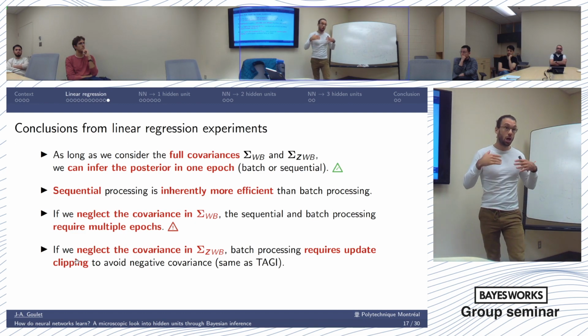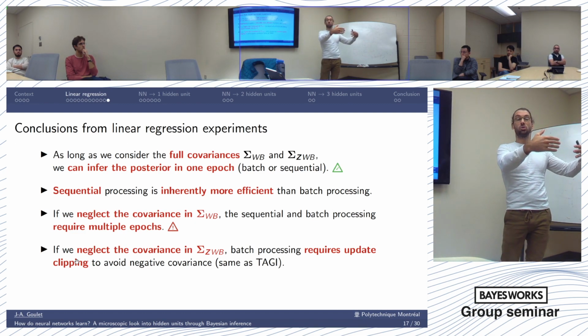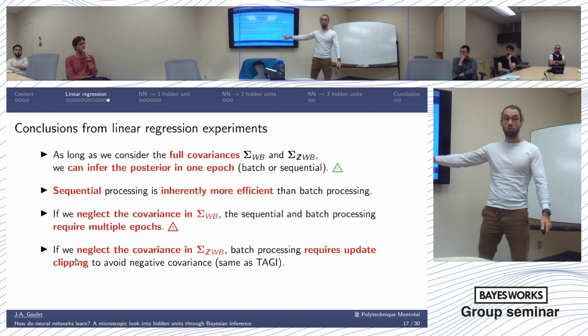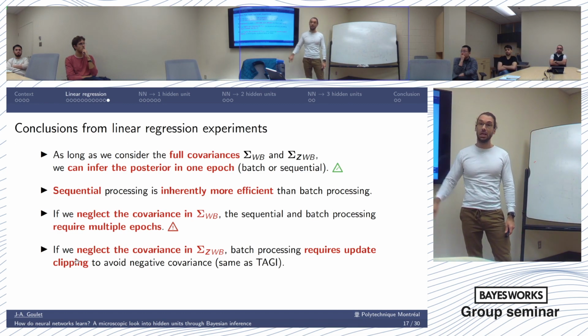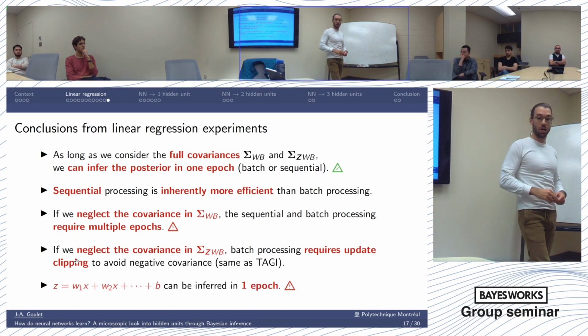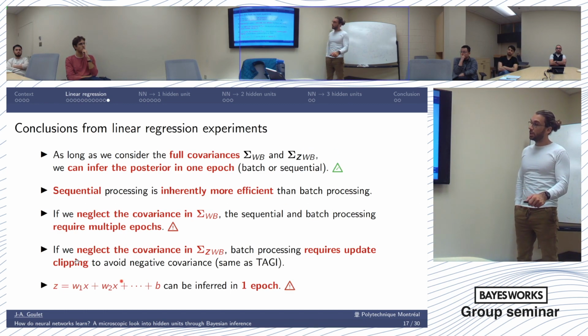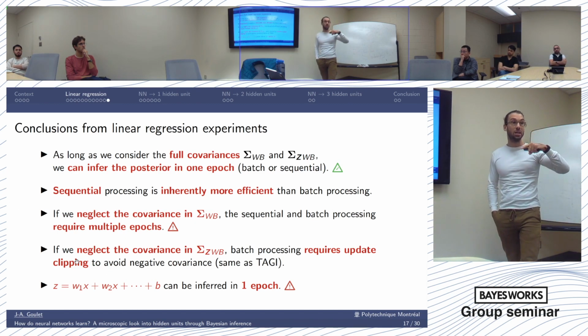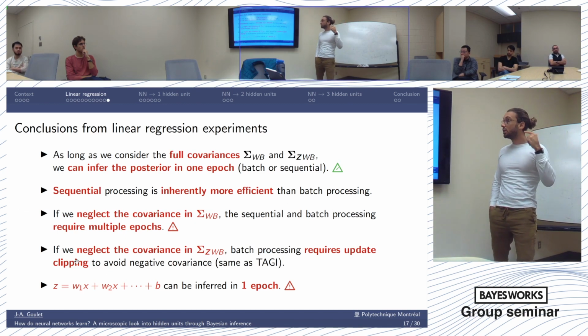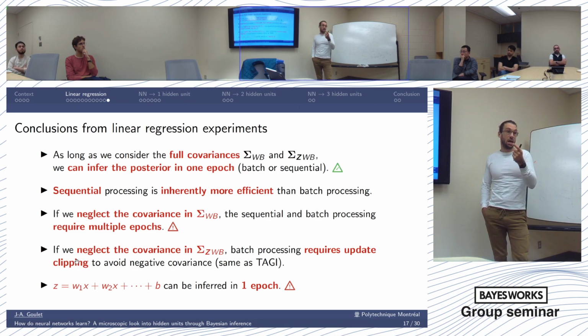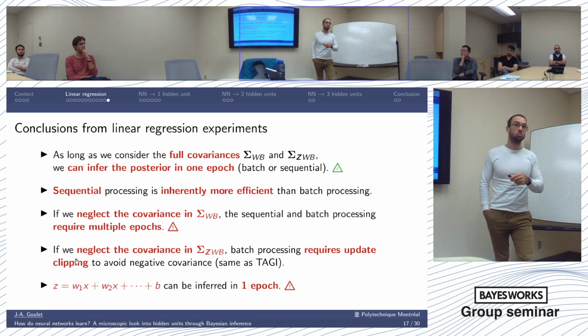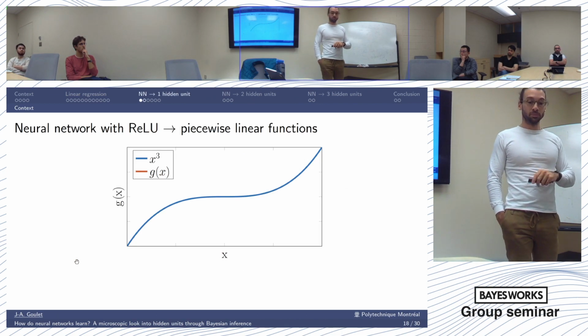So we cannot do full updates for our parameters, the mean values and the covariance, because we're going to get negative covariance. And this is the exact same error we see in TAGI. And finally, if we have some non-identifiability in our system, we can still learn the input and output relationship in one epoch, even if we cannot learn the parameters exactly. Okay, we're going to come back and reuse this result in the next ones.